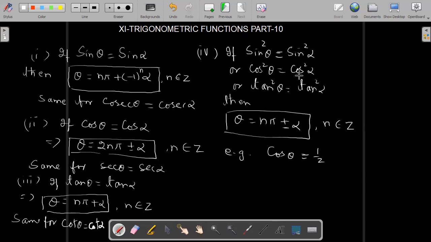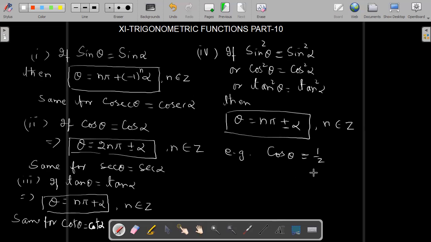For square, there is only one formula, whether you get sin square theta, sin square alpha, or cos square, tan square, or cosec square. The formula is the same for all trigonometrical ratios in square form.